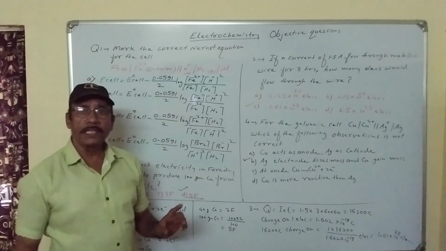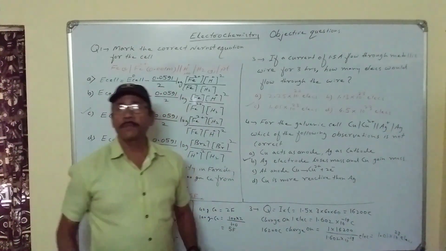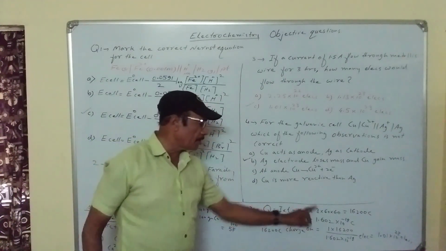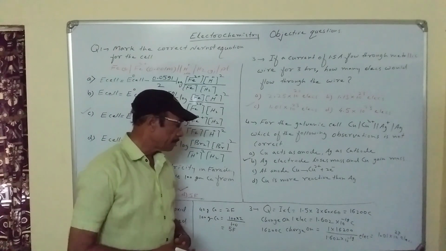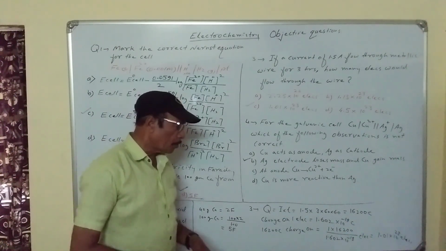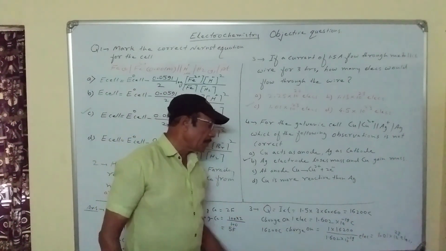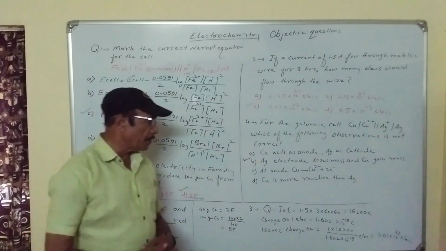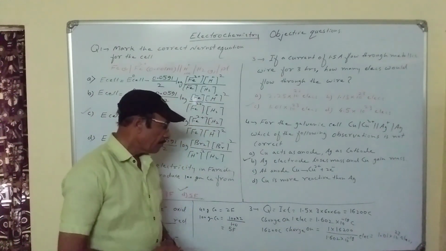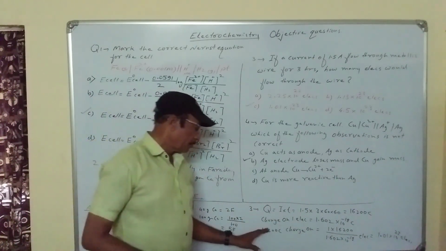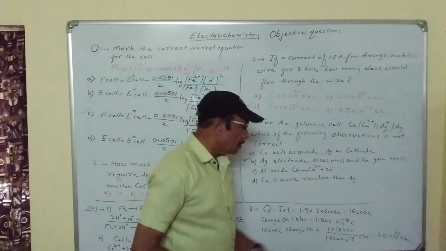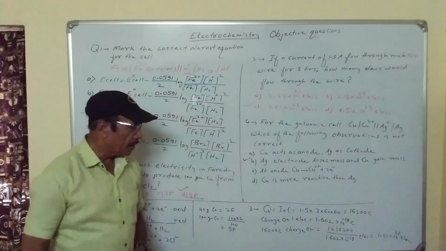Now the negative charge present on one electron is 1.602 into 10 to the power minus 19 coulomb. So how many electrons are present in 16200 coulomb?